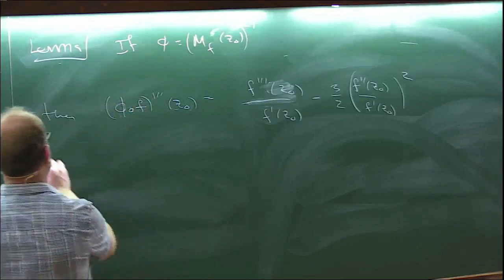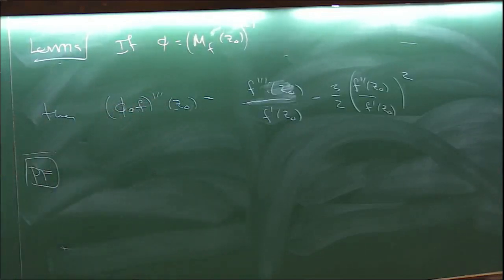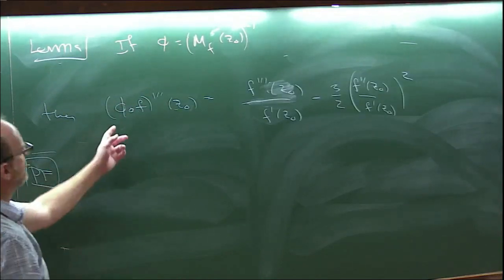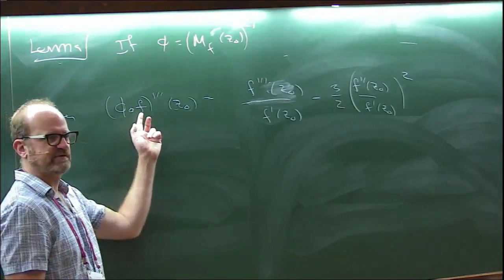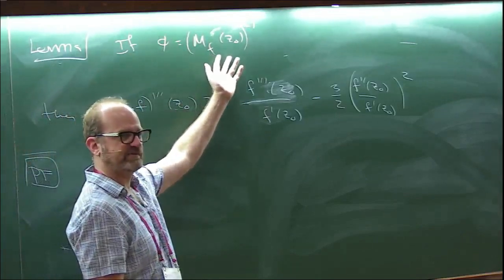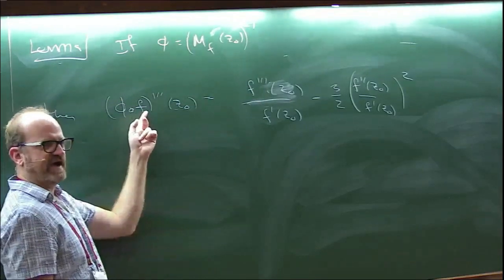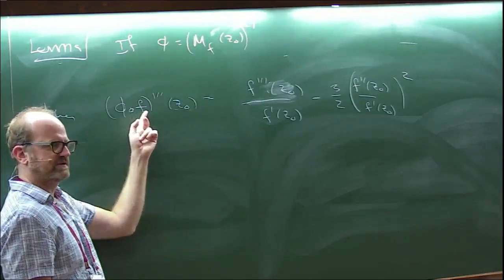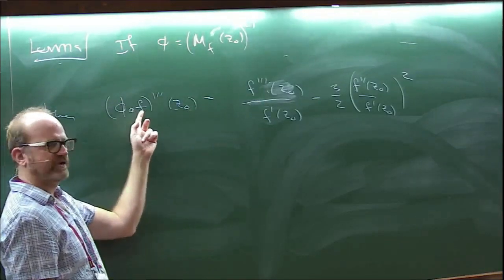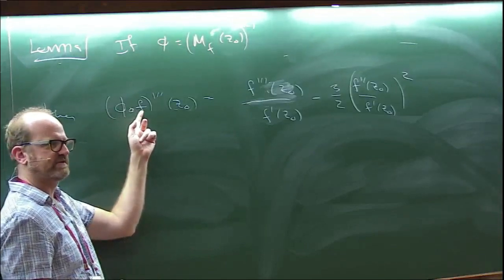Okay, so I'm not going to go through how you do this. It's not super hard. I mean, the key thing to keep in mind is what do we know about phi composed with f? So phi is the inverse of this oscillating Mobius transformation. In particular, phi is like the inverse of f up to second order. So phi composed with f looks like the identity up to second order.